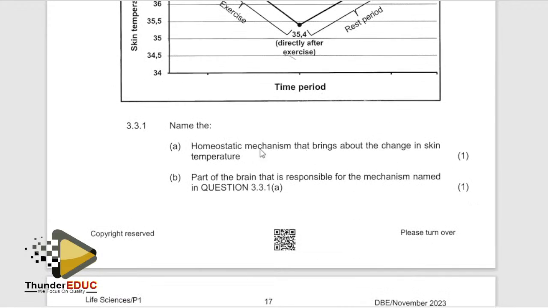The homeostatic mechanism that brings about the change in the skin temperature, how do you call that? We call it thermoregulation.